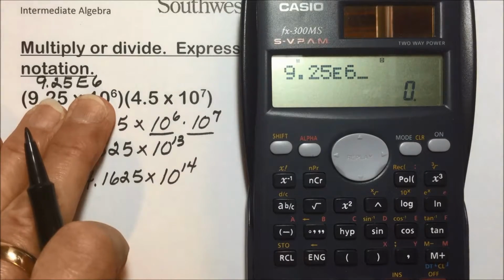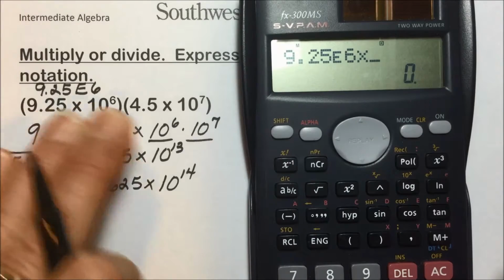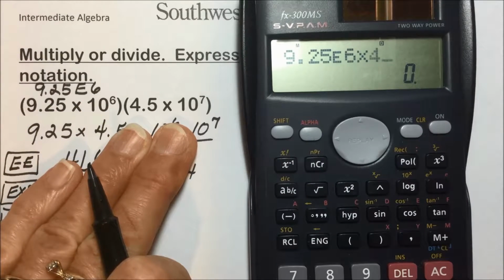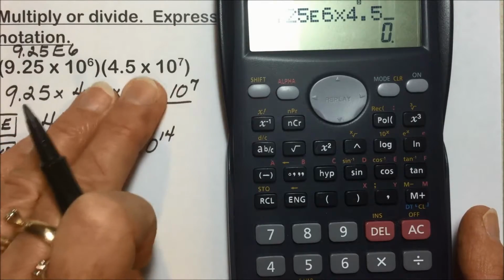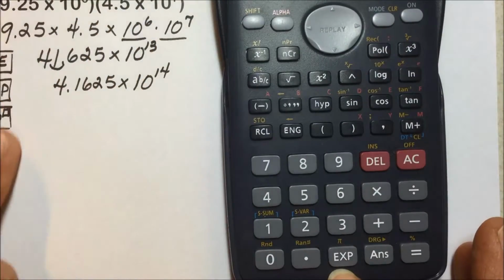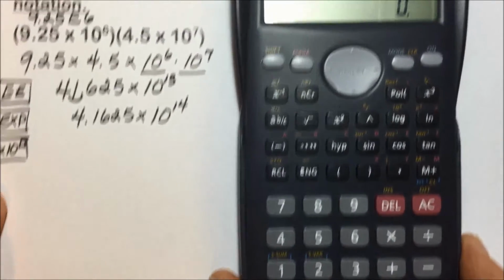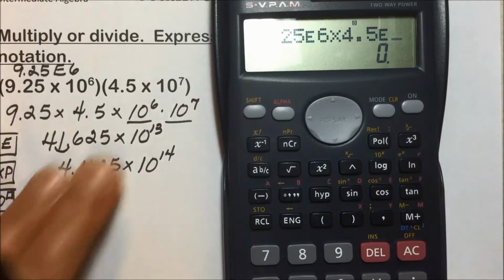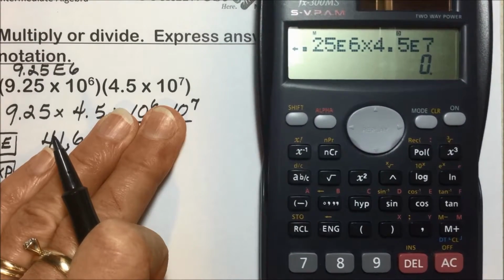What are we doing? We're multiplying, so I'll hit the multiplication key, then 4.5, and instead of putting a times, you tap your exponent or scientific notation key, whatever version your calculator has. In this case, I'm just hitting the EXP and indicating the power that it's raised to. So I'm tapping in a 7.